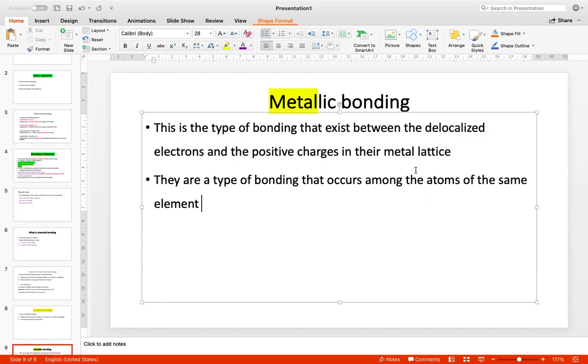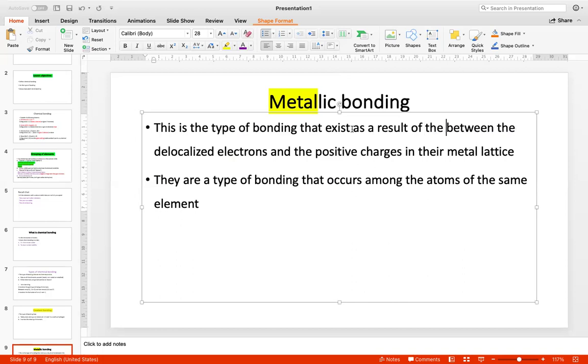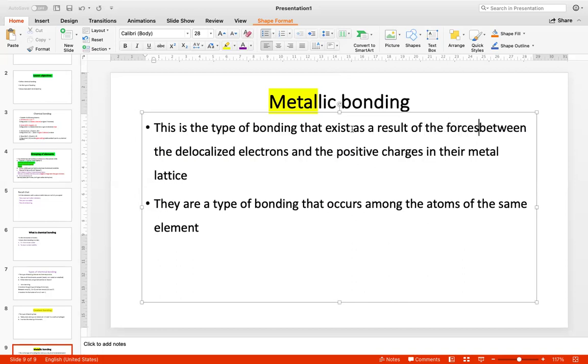That's what we are calling metallic bonding. Maybe let me include it in there. It's a type of bonding that exists as a result of the forces between the delocalized electrons, which are negatively charged, as well as positive charges that are in their metal lattice.